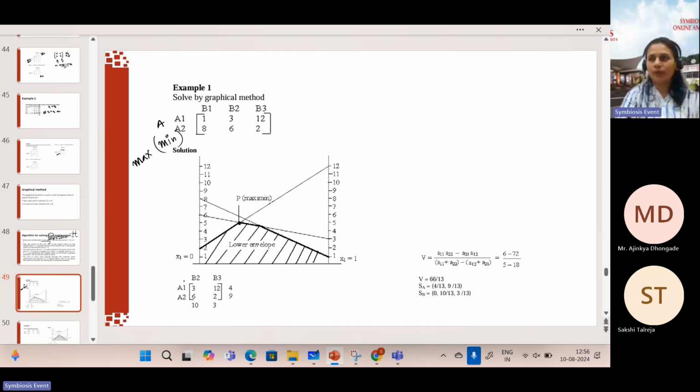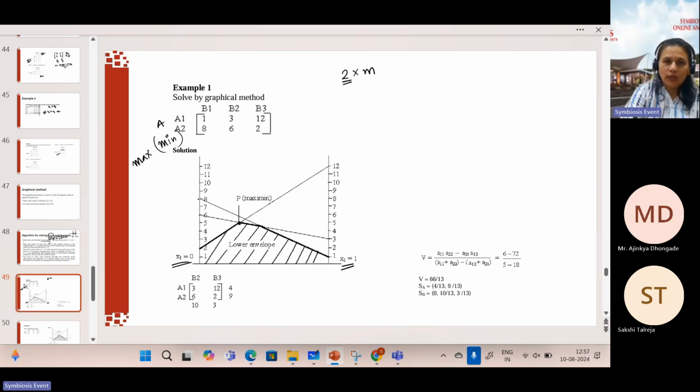So my player A is always following the maximum criteria. So here also, when we are working with the 2 cross M matrix, I'm working corresponding to the player A. And what I have to do? First, I need to calculate the minimum area. So once you have received this type of plotting, right, you can see here this is x1 equals 0 and this is x1 equals 1.